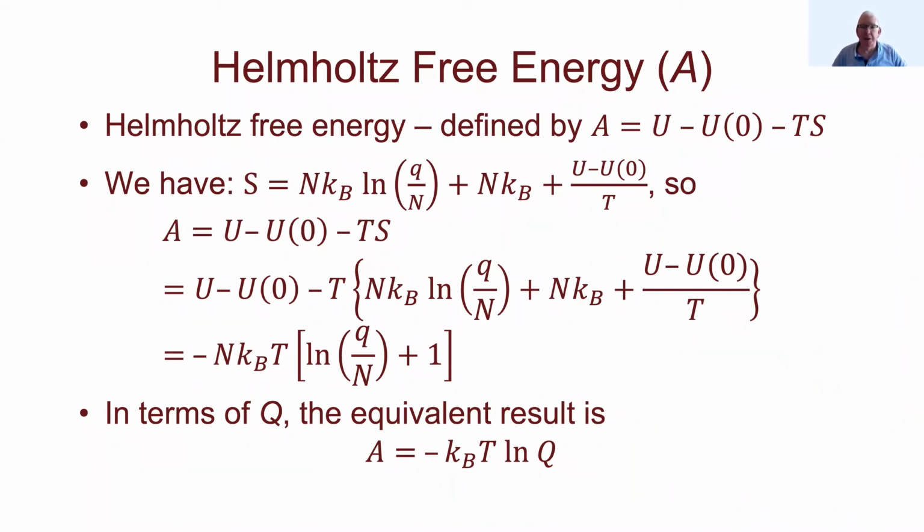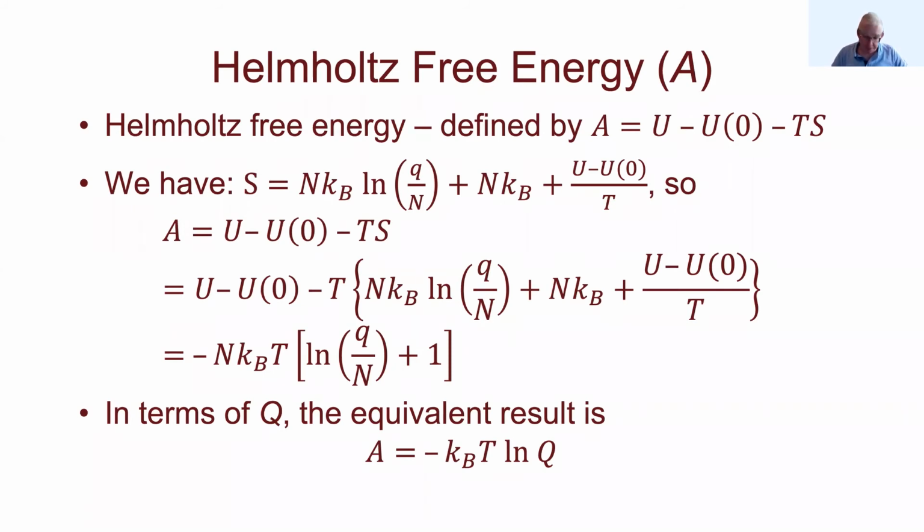But there are other variations of free energy that have different sets of things held constant. The Gibbs free energy, for example, has P and V generally held constant. I'm sorry, P and T held constant as we do things.